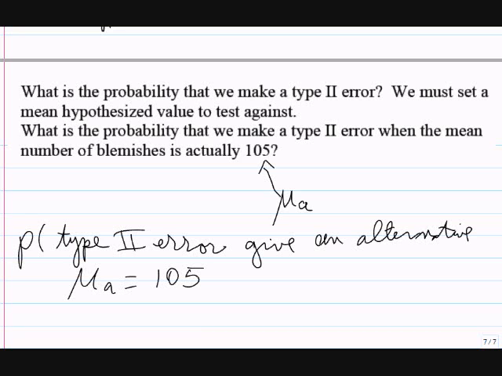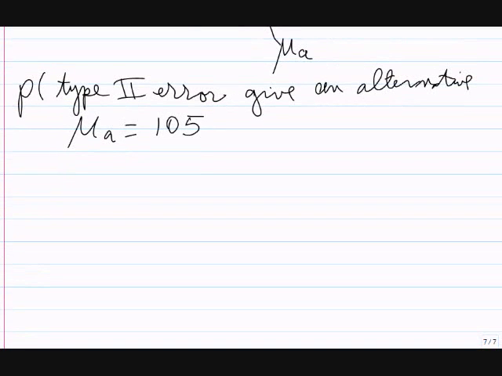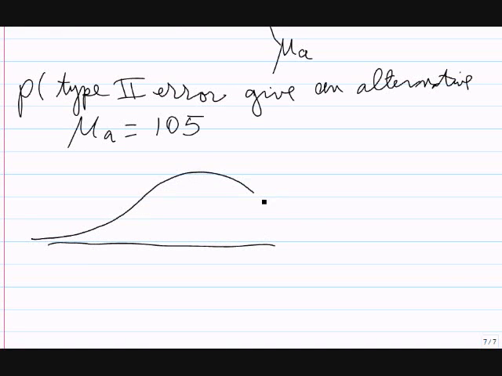It usually comes from historical data and how accurate you need your testing to be, and it's a little more complicated and requires knowledge of the field that you're actually working in, not statistics, but the potato field you're actually working in. That would allow you to test against this 105. We don't know that, so I just made a number up. So what if the real center was at 105?